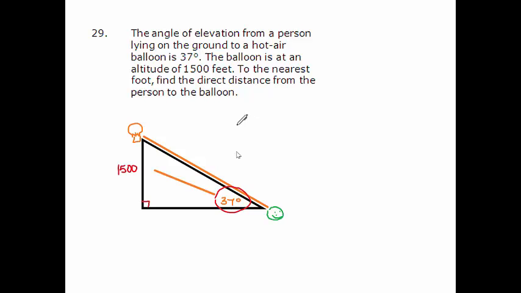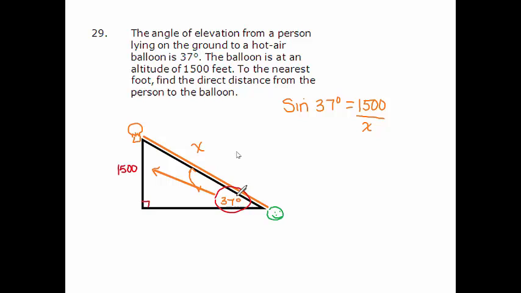I'm given the opposite side, and I'm looking for the hypotenuse, so that's going to be my unknown, and I'm going to use sine again. So the sine of 37 degrees is 1,500 divided by x.